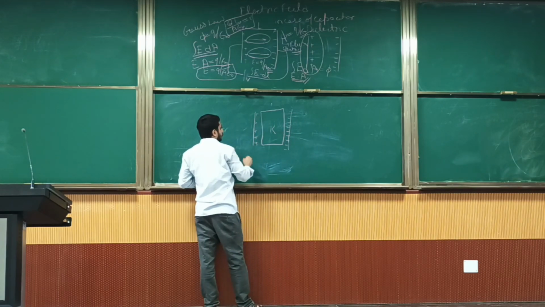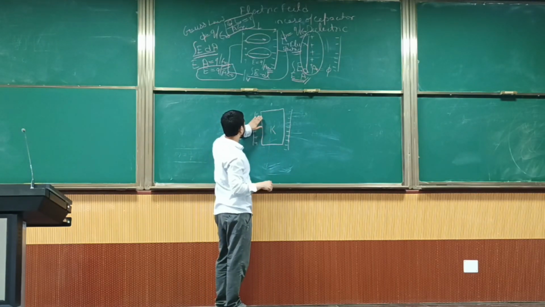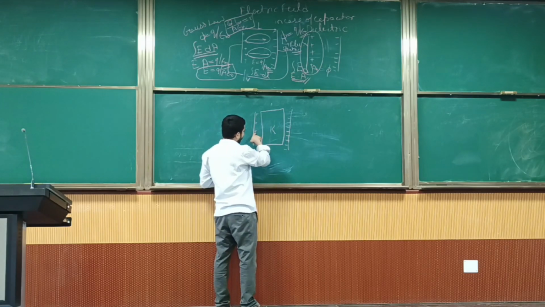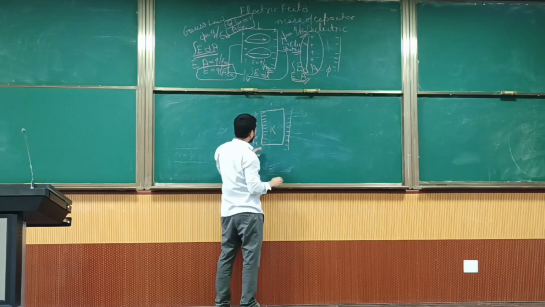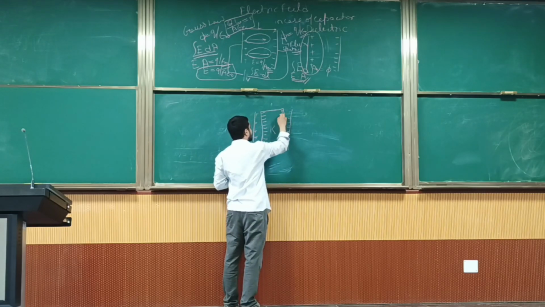If we insert this dielectric between them, what is the electric field? Where the positive plate is, a negative sheet of charge will be induced in the dielectric, and if the negative is here, the positive will be induced here.